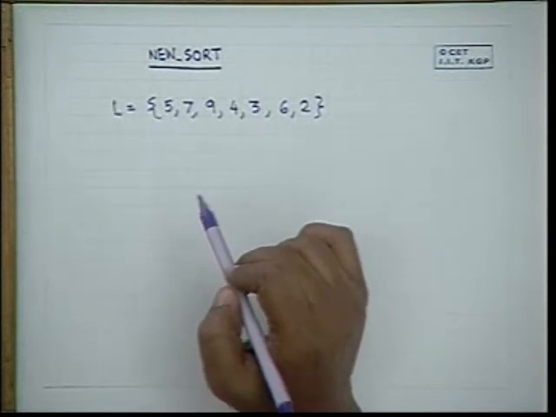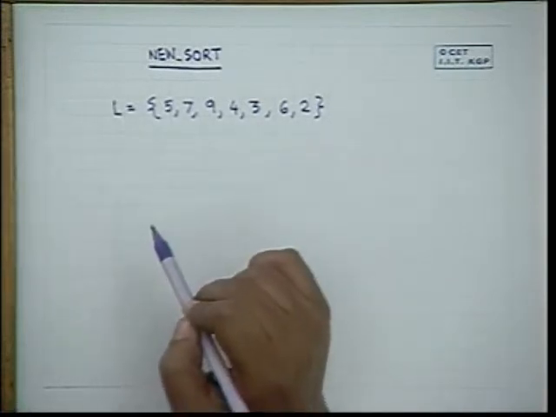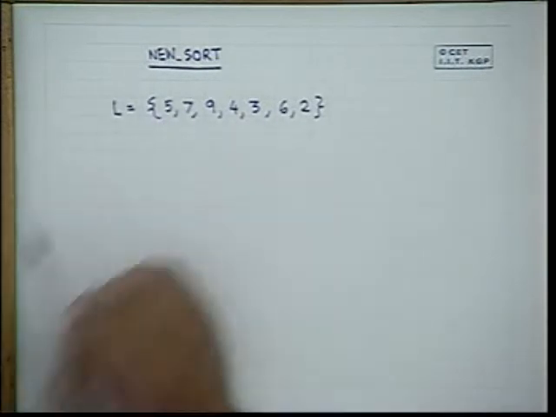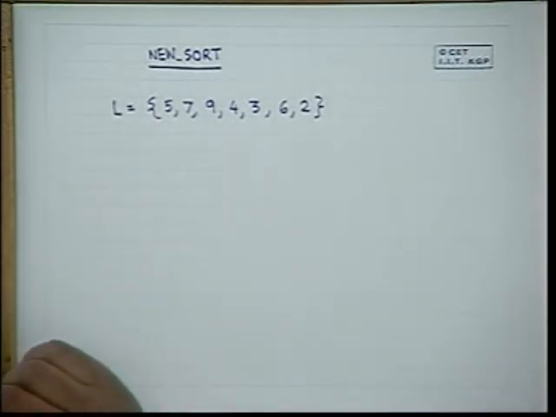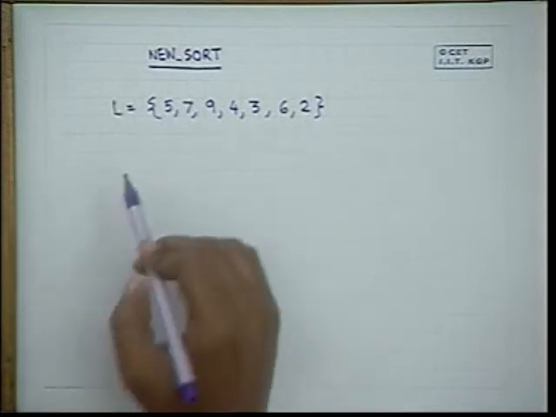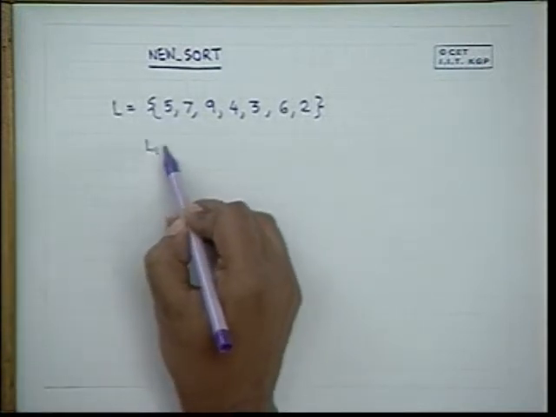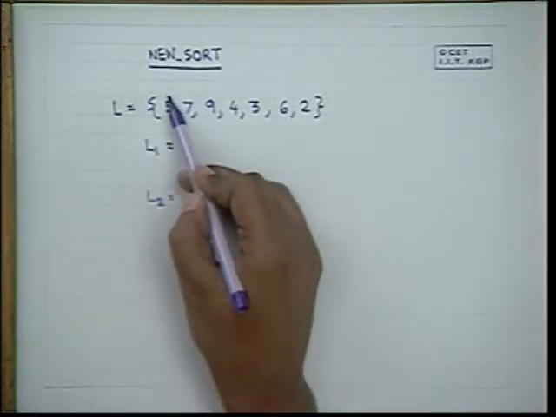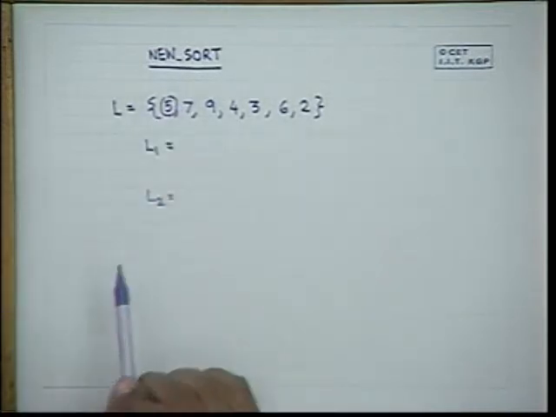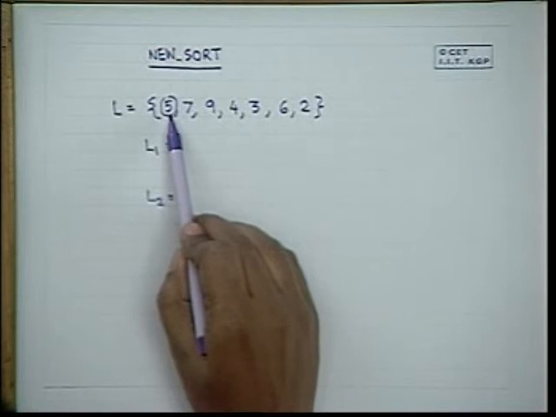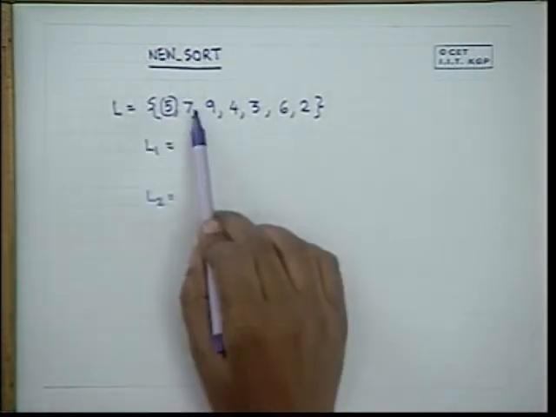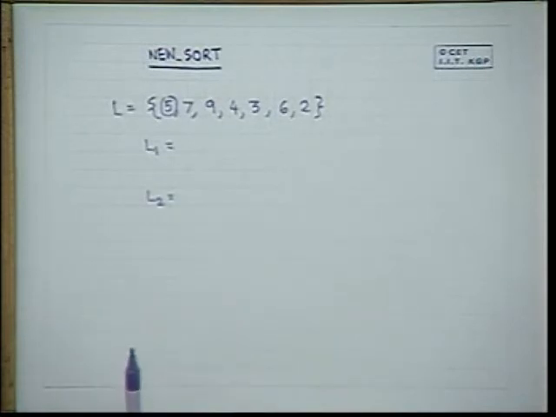Now we'll see another one. Pick out any element from here, say pick out the first element and form two lists, L1 and L2. These two lists will be based on this first element. All those which are less than or equal to 5 will go into L1. All those which are greater than 5 will go into L2.